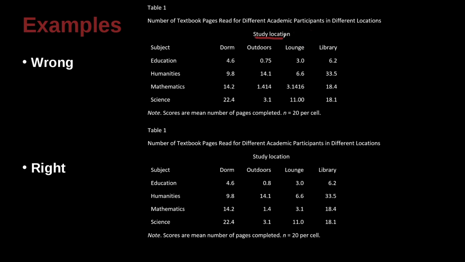Study location, but we have different locations. That's clear. We have our subjects here, education, humanities, mathematics. So this looks very clear. What's the problem? We have a nice note here. Scores are mean number of pages completed, and the subgroup n equals 20 per cell. So each cell has 20 participants.